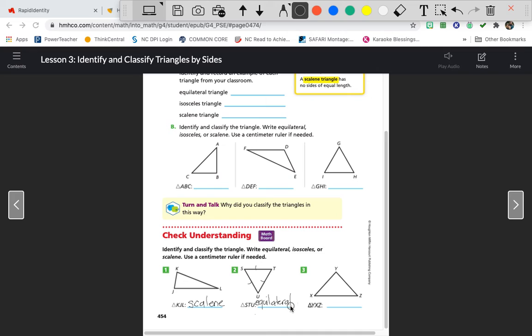Now we could also say that this triangle is an isosceles triangle because if you remember the definition of isosceles, it has at least two sides of equal length. So we could also label this one as isosceles. All right, and our last triangle, XYZ, is an isosceles triangle. Two of the sides are equal.